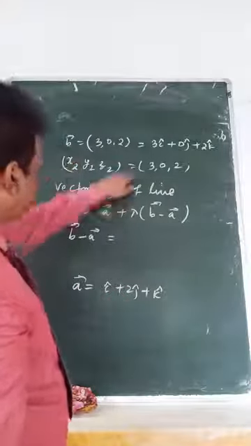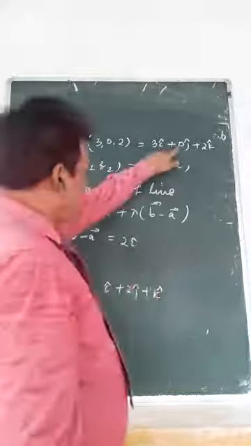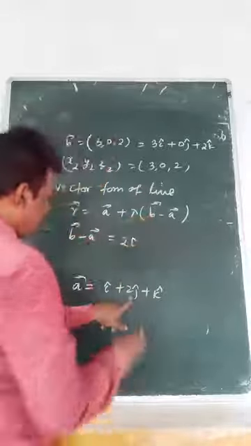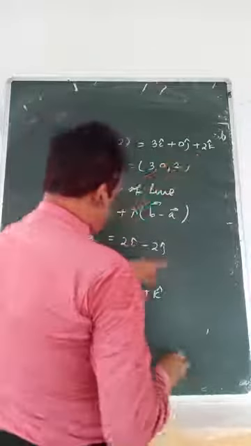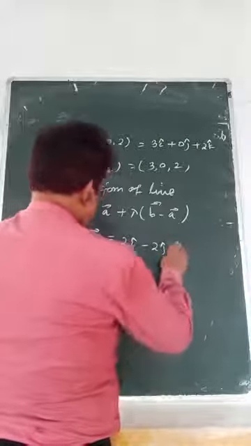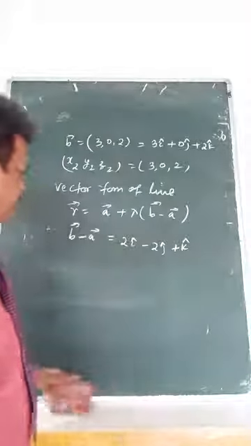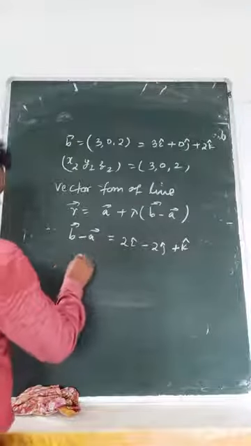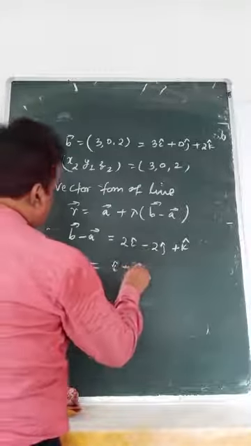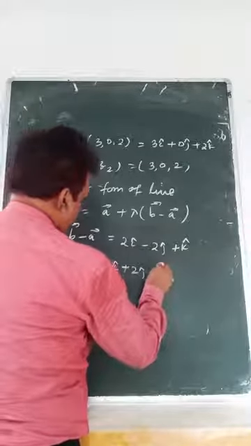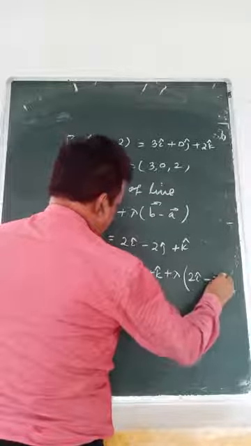B minus A. So 3i minus i, 2i. 0j minus 2j, minus 2j. 2k minus k, k. Okay. Therefore R equals to A, means i plus 2j plus k, plus lambda times B minus A, which is 2i minus 2j plus k.